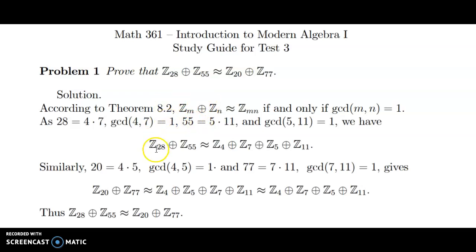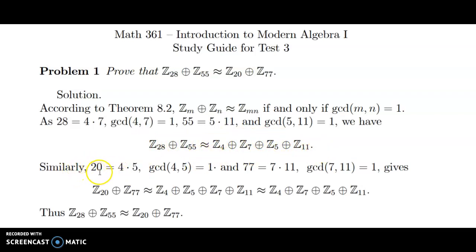So Z28 is isomorphic to Z4 plus Z7. Similarly, 55 is 5 times 11, and Z55 is Z5 plus Z11. So I get this isomorphism.